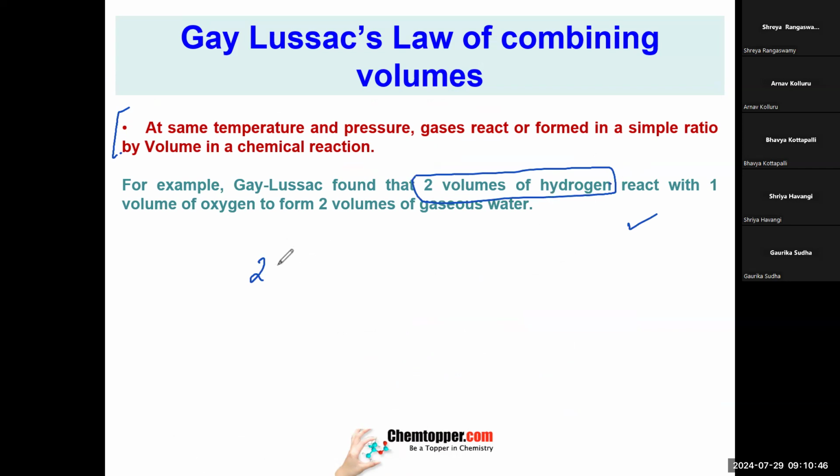H2 gas. Reacting with 1 volume of oxygen. What's the formula of oxygen gas? 1O2. Giving you how many volumes of water? 2 volumes of water.